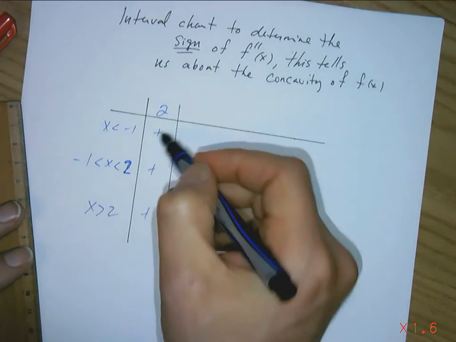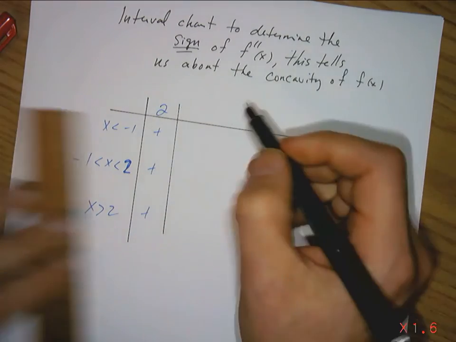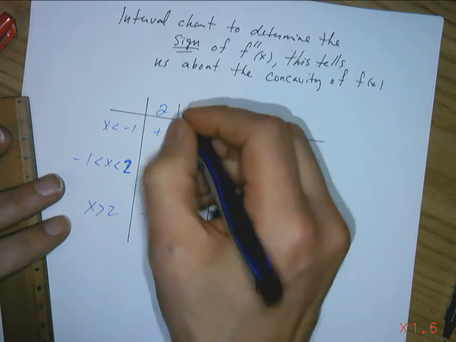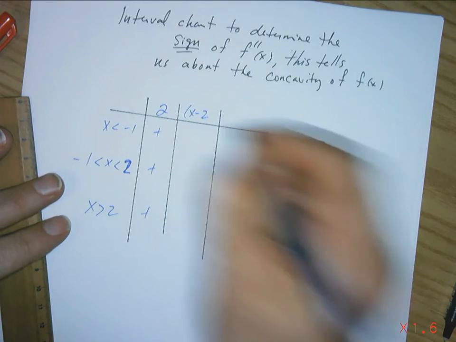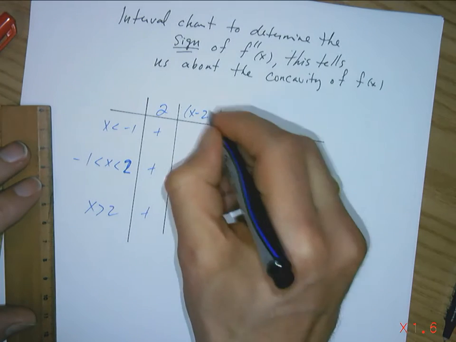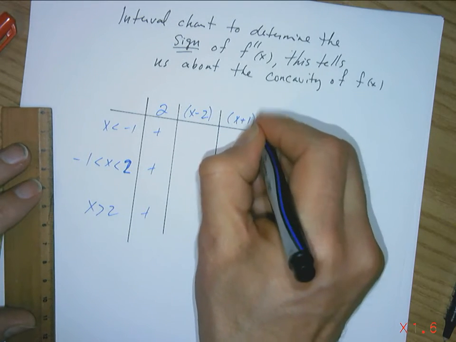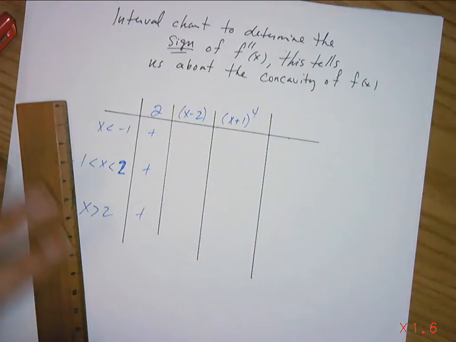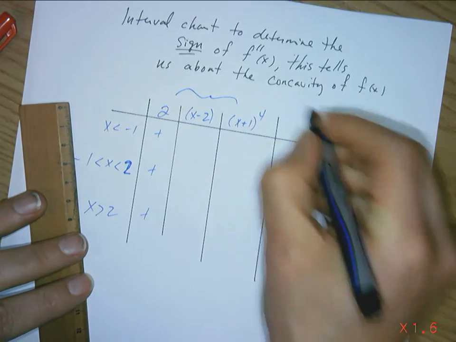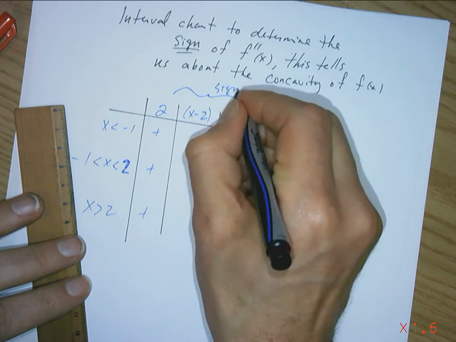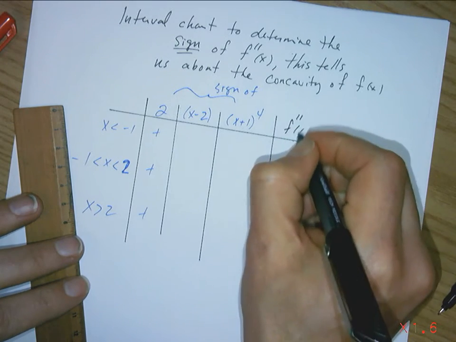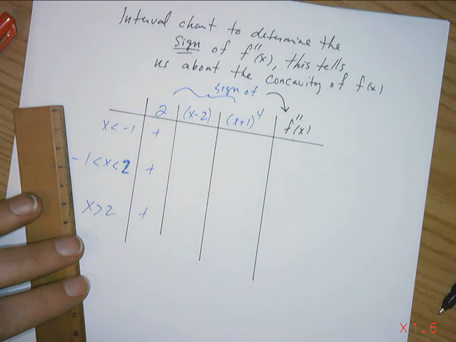If it was negative 2, then I'd put negative 2 and do negatives all down. The next one here is going to be the x minus 2. And the next one's going to be (x plus 1) to the 4. And all of those are going to go together to give me a sign of the second derivative. That's what I'm interested in.